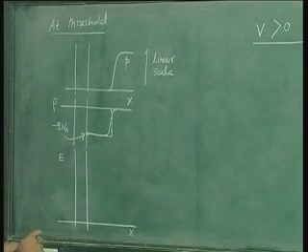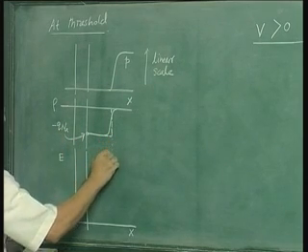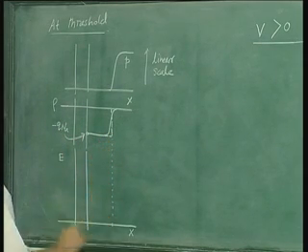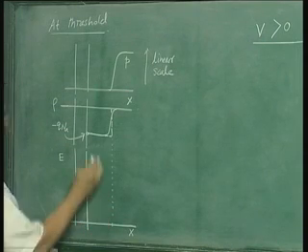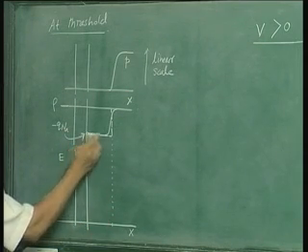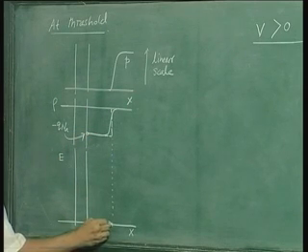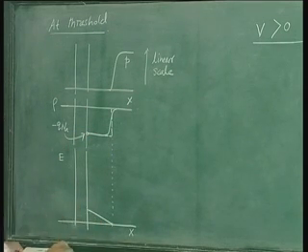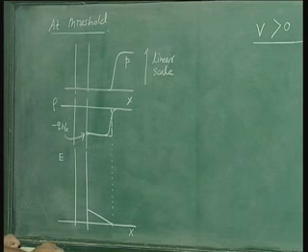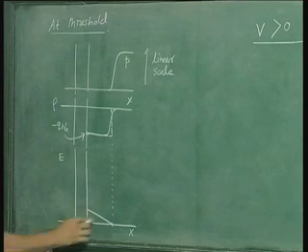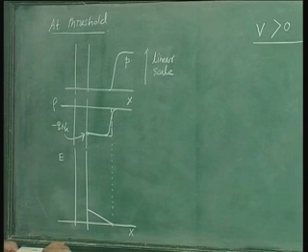This charge is negative. Now since the space charge is constant here, by Gauss's law we will get a straight line for the electric field up to the interface.